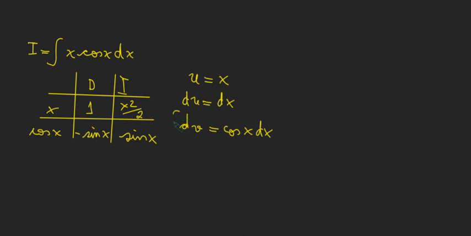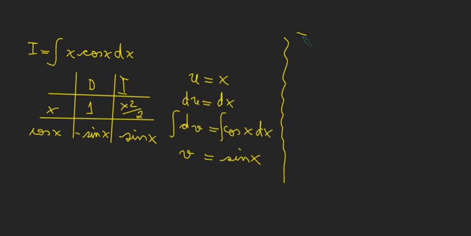Now we can integrate both sides, and we have the integral of dv, which is v, and the integral of cosine, which is sine, because the derivative of sine is cosine. So let's now apply the formula for integration by parts.